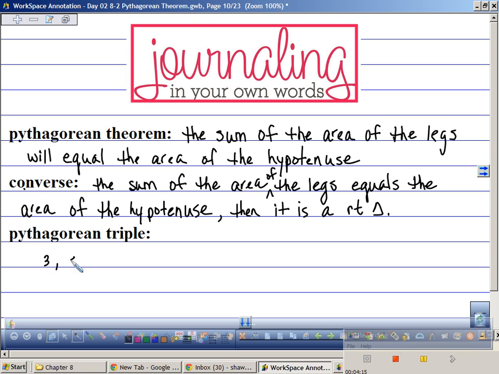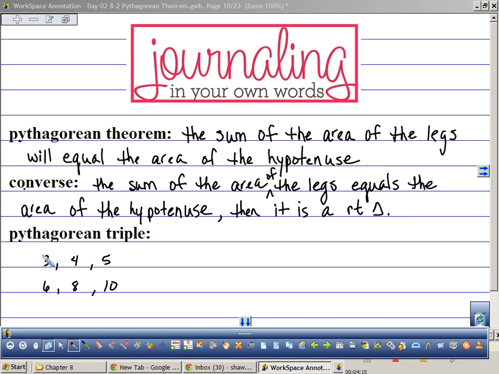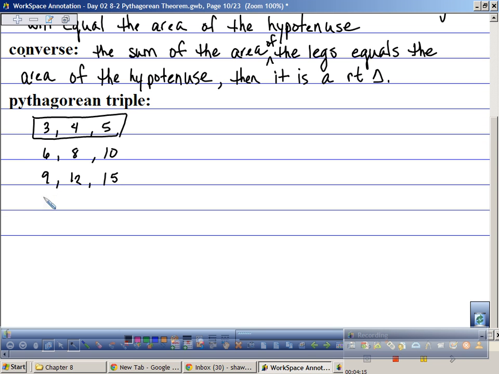You're close. 3, 4, 5. The next one would be multiply each of these by 2. 6, 8, 10. Multiply the basic one by 3. What will be the next one? 9, 12, 15.